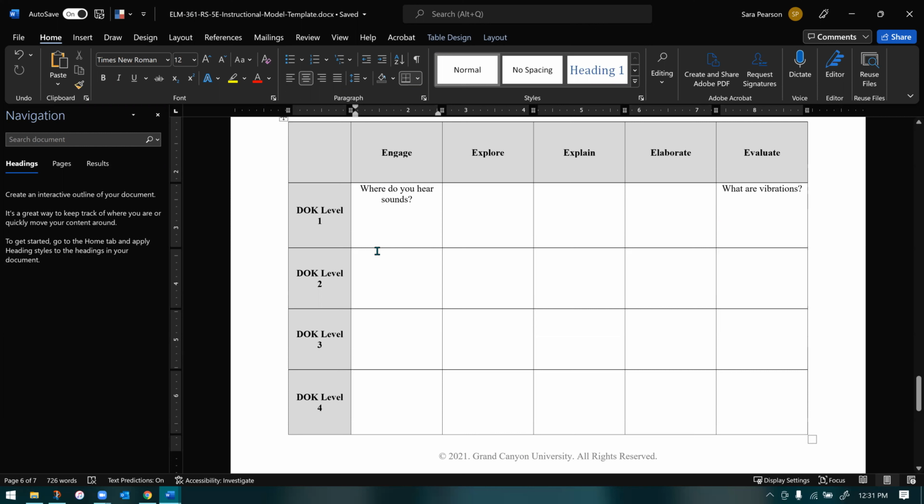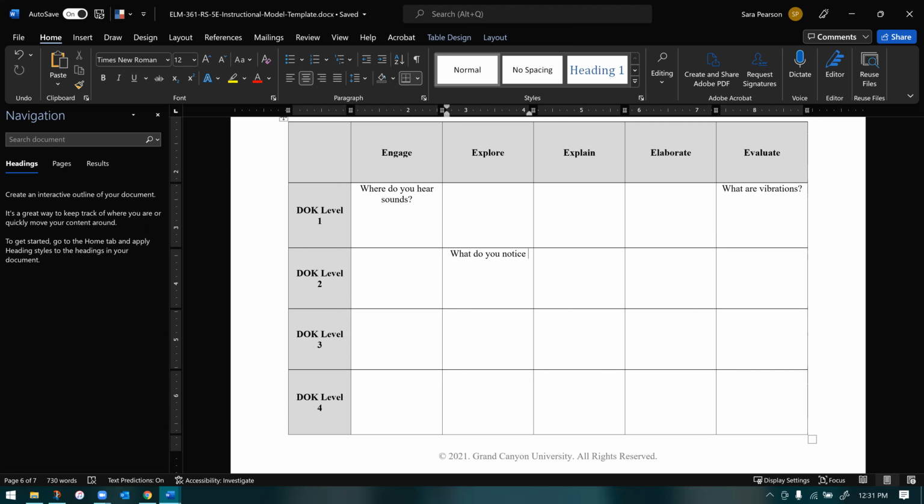Let me give you an example of a DOK, let's say in our explore phase. That's my favorite phase. And then that might be something like, what do you notice if I was having students use things like a ruler at the end of the desk and they hit it so it then vibrates and makes that wang sound?